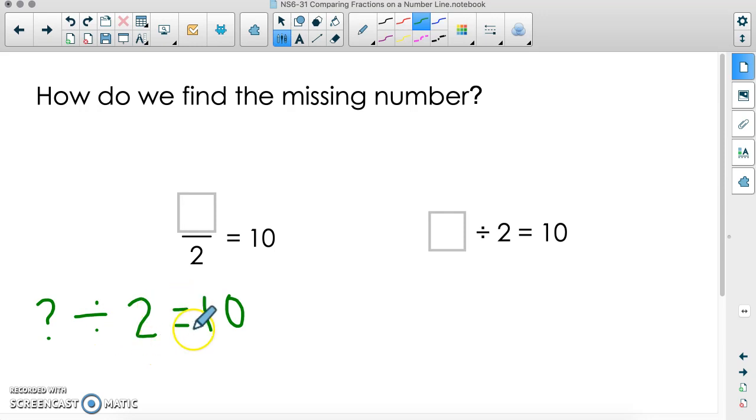So what divided by 2 equals 10? Well, I can turn this around and do the opposite, multiplication. So 10 times 2 is going to be our unknown number. What is our unknown number then? It's going to be 20. So 20 divided by 2 equals 10. So there's your answer to that one.